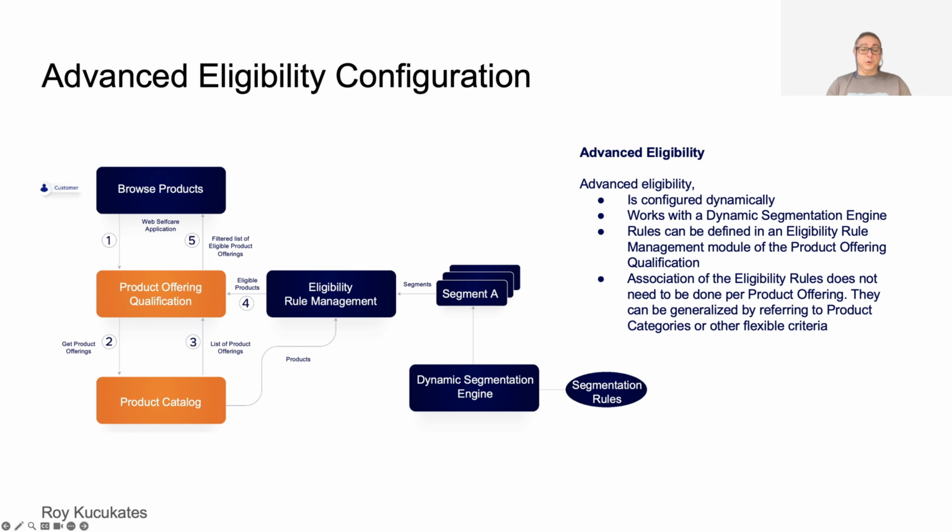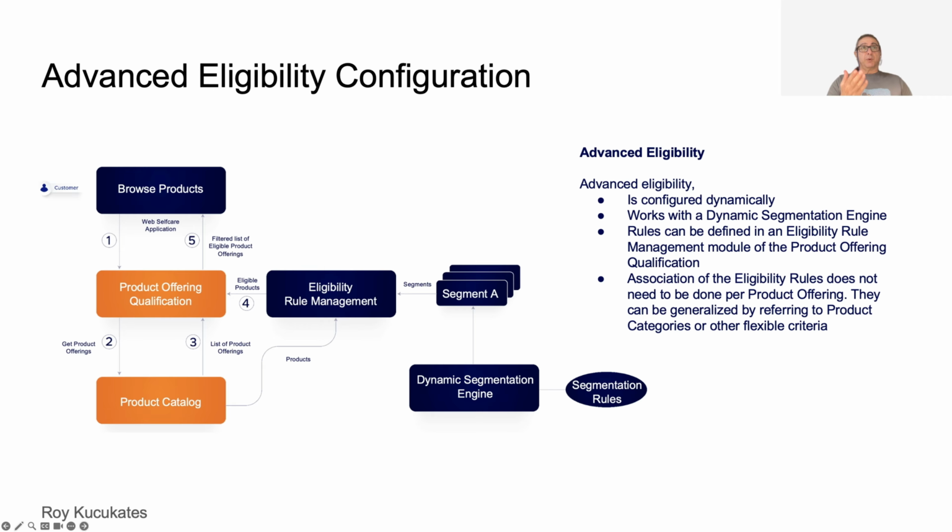If you want to do it in a more flexible way, where you want to abstract the eligibility criteria from the product catalog, because the product catalog supports only 3 criteria, and in order to make it more flexible you need to extend the TMF structure, which would not be done in every case.